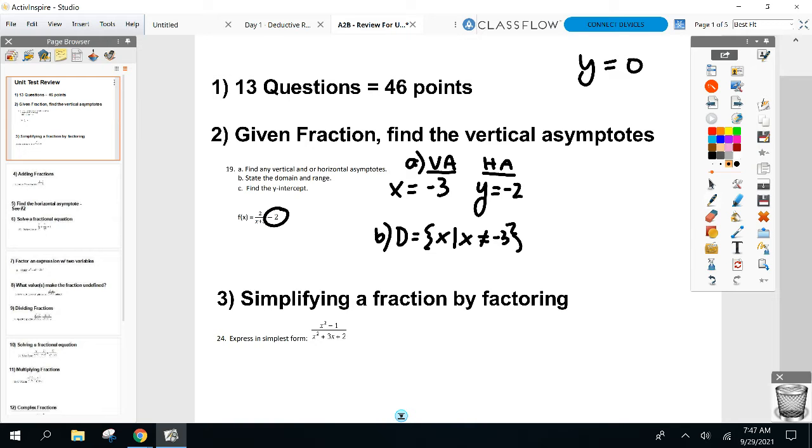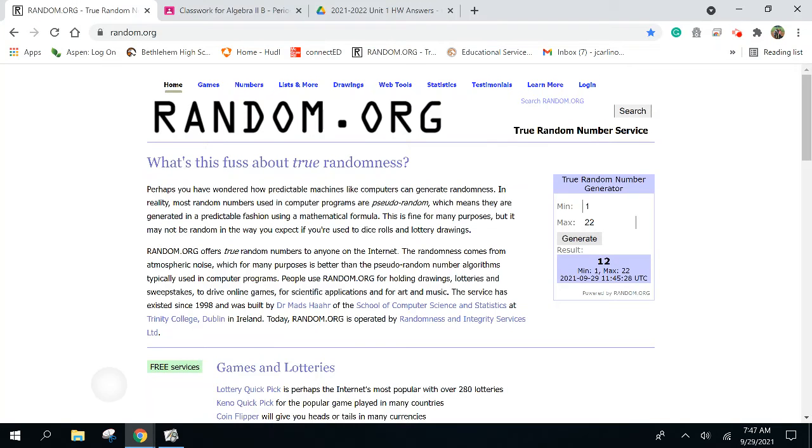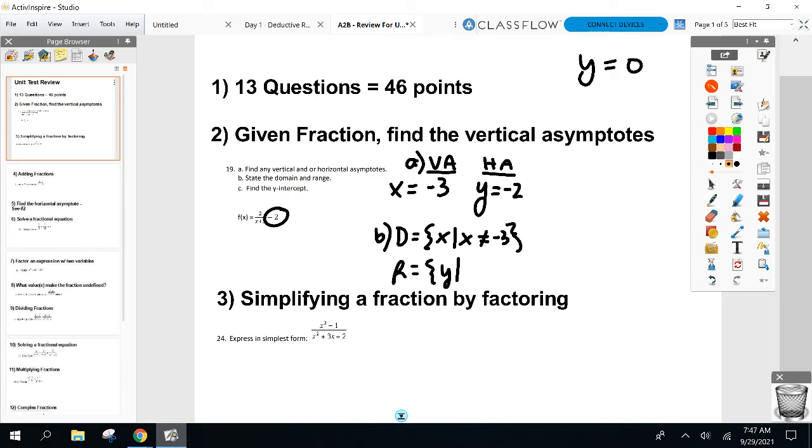And the range is related to the horizontal asymptote. Y such that, Ryan, finish it. Y cannot equal -2. There you go.